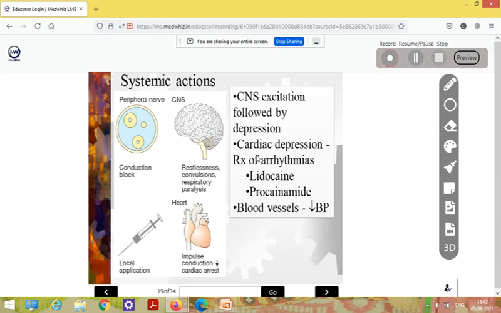This is mainly used for the treatment of ventricular tachycardia and ventricular tachyarrhythmias. So lidocaine is a class 1 antiarrhythmic drug. It is used for the treatment of arrhythmias. Then on the blood vessels, it is going to reduce the blood pressure.